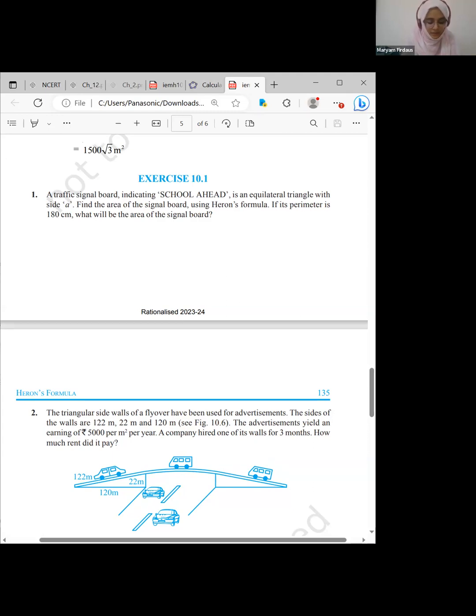Which 3 is this? This 3 is coming from this 9. Then what are we left with inside the square root? It is root 3. So 3 3s are 9, 900 root 3. This is the area of our triangle.